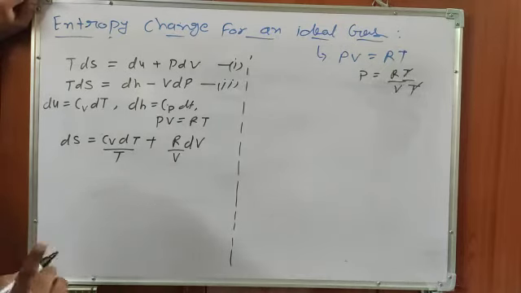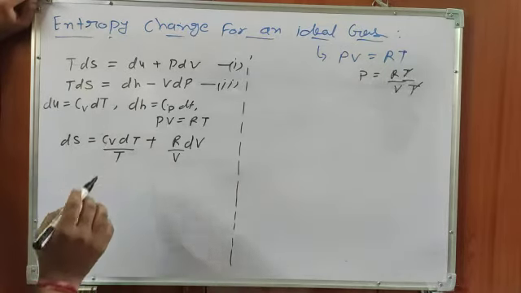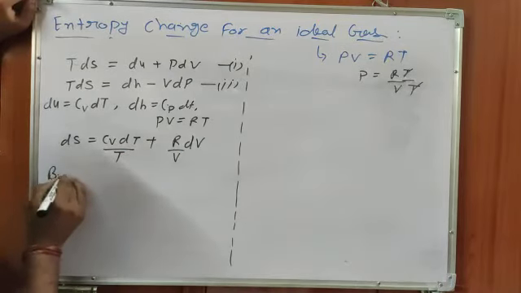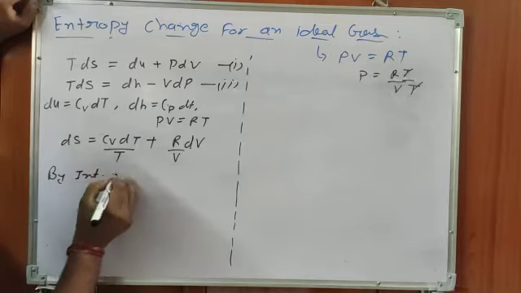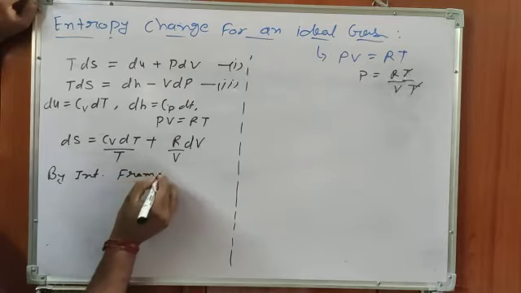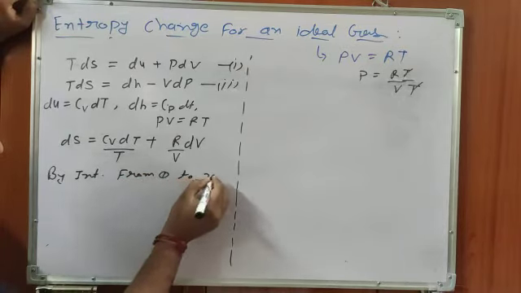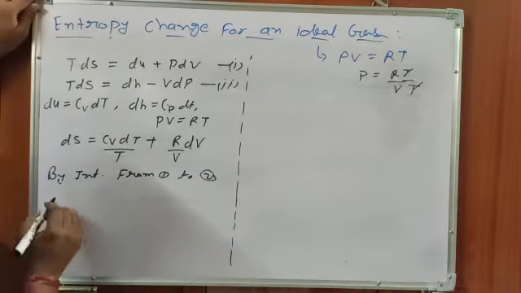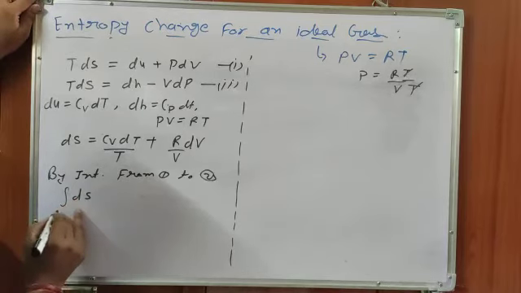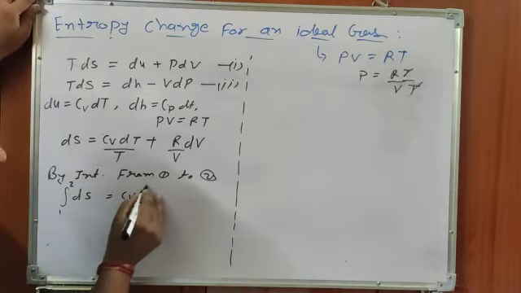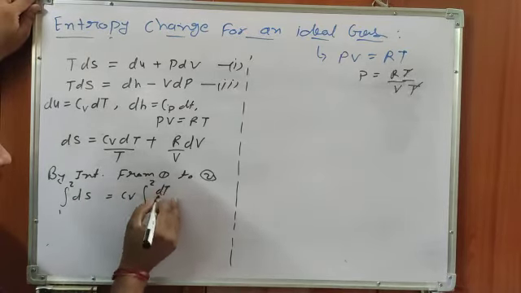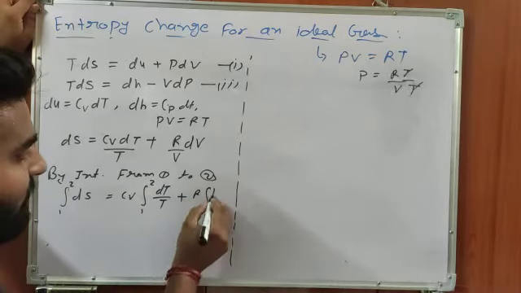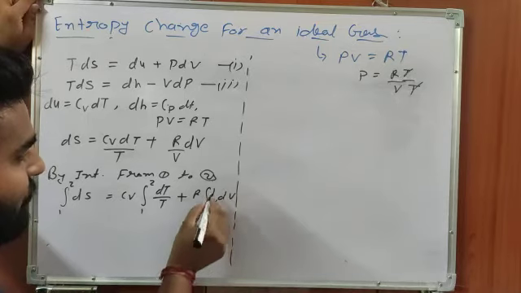Now you know that Cv is a constant term and R is also a constant term. By integrating from 1 to 2, we have a process from 1 to 2. If we integrate this, integral from 1 to 2 of Cv dT divided by T plus R times the integral of 1 by V dV from 1 to 2.